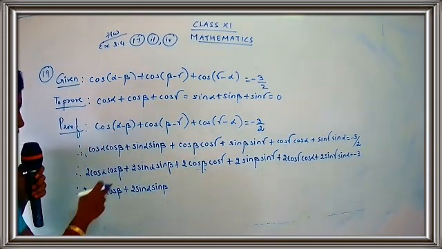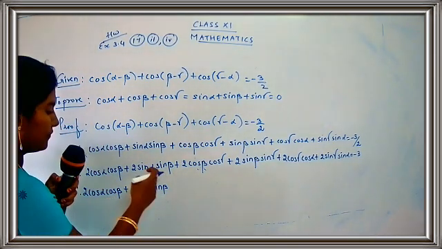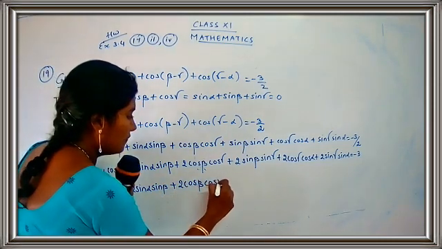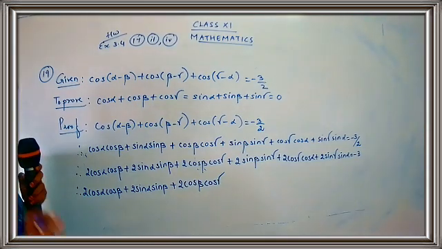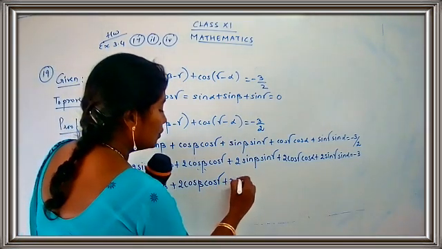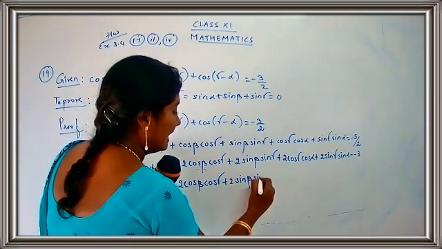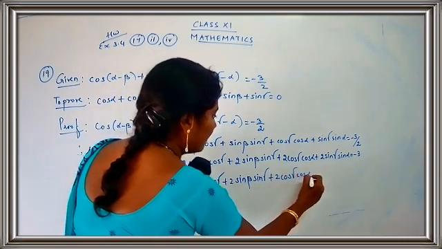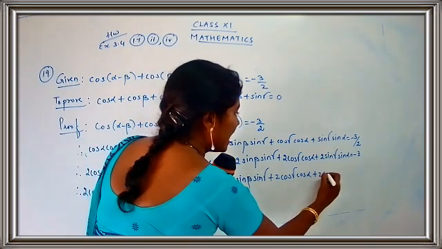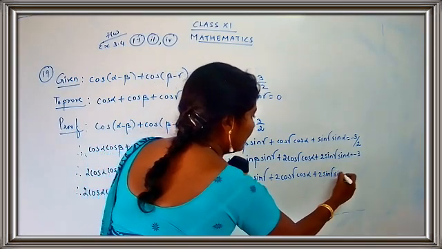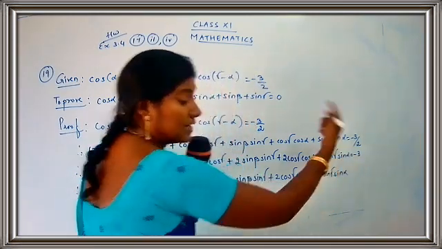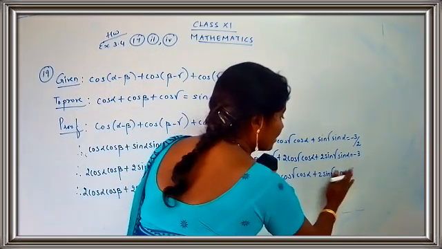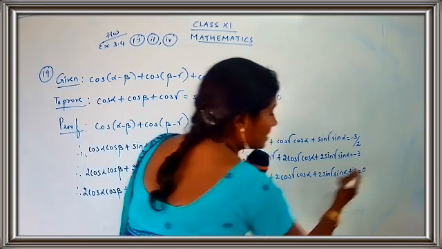So 2 cos alpha cos beta plus 2 sin alpha sin beta plus 2 cos beta cos gamma plus 2 sin beta sin gamma plus 2 cos gamma cos alpha plus 2 sin gamma sin alpha. This is minus 3. When it comes to the LHS, it will turn to plus 3 is equal to 0. Actually, we have many terms involved over here.